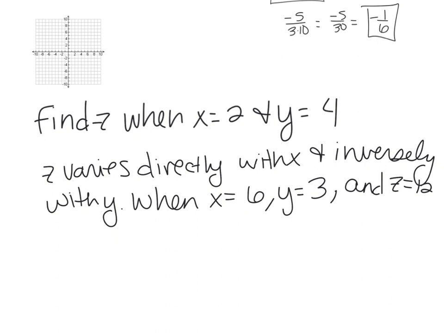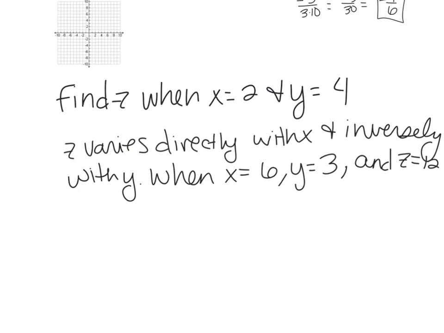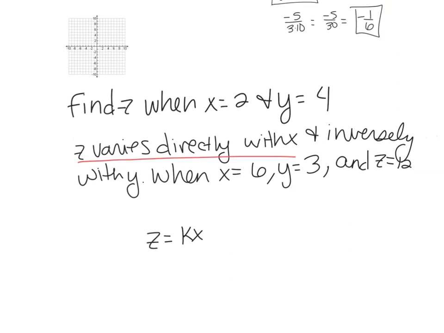Okay, so first we need to solve for k, but in order to do that, we have to set this up. So don't freak out, it's not that bad. Let's break it down piece by piece. What does it mean that z varies directly with x? Well, varies directly means it's z equals kx, right? And then what does it mean if it varies directly with x and inversely with y?